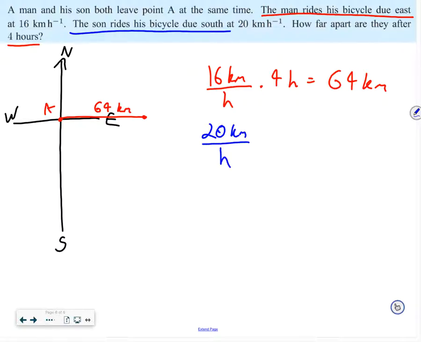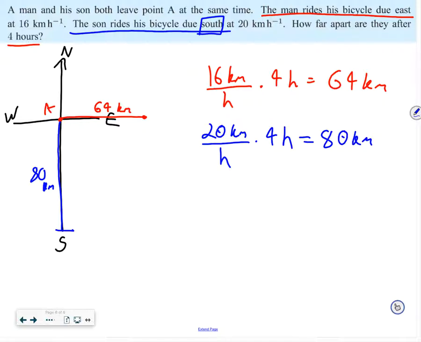Now the son rides his bicycle due south at 20 kilometers per hour. Younger, faster. How far apart are they? Again, he rode for 4 hours as well. So when we multiply this out, we see that the son went 80 kilometers, but the son went due south. So from point A, right here, we went 80 kilometers.